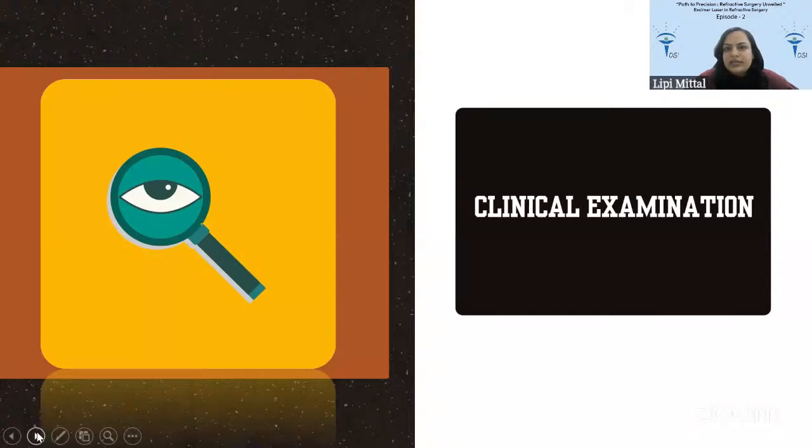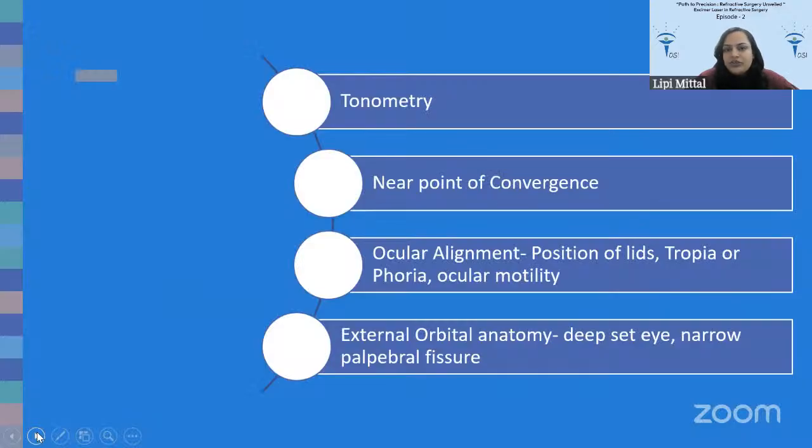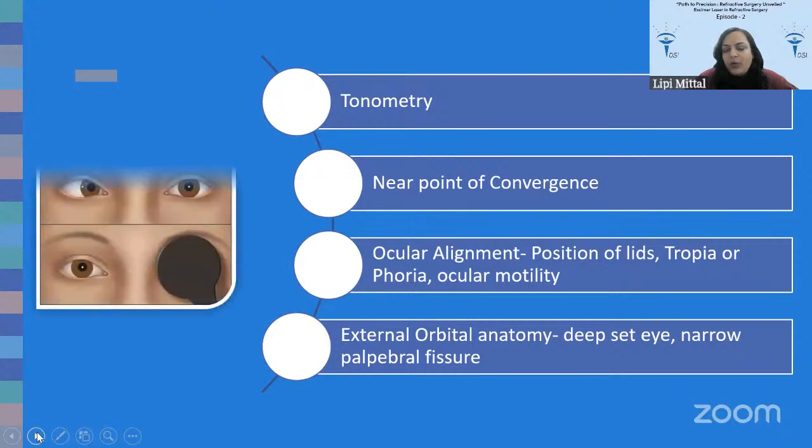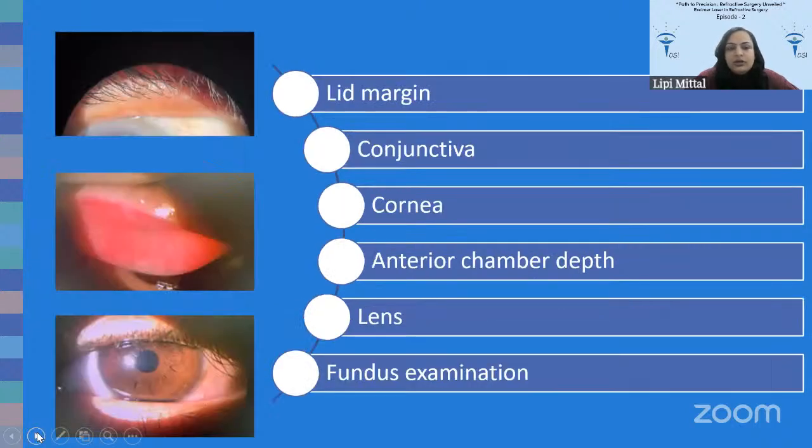Coming to the clinical examination, we should check for the intraocular pressure, near point of convergence, position of lids for any ptosis, tropias, or phorias. Now, assessing the orbital anatomy is very important. With deep-set eyes and narrow palpebral fissure, it becomes difficult for the suction ring application and there are chances of intraoperative suction loss. So ocular adnexa should be examined thoroughly.